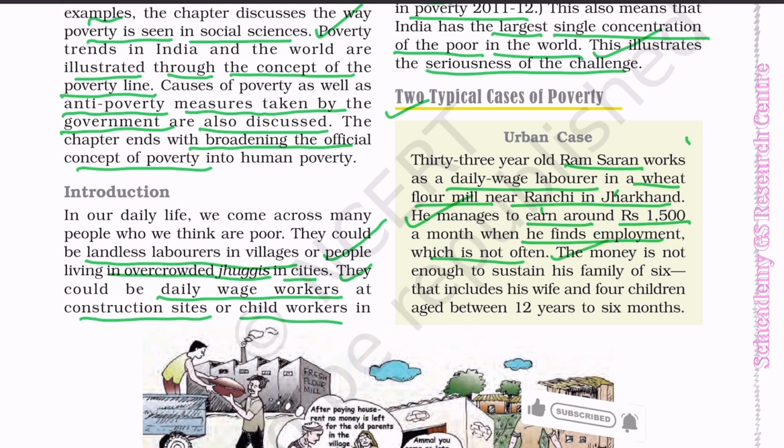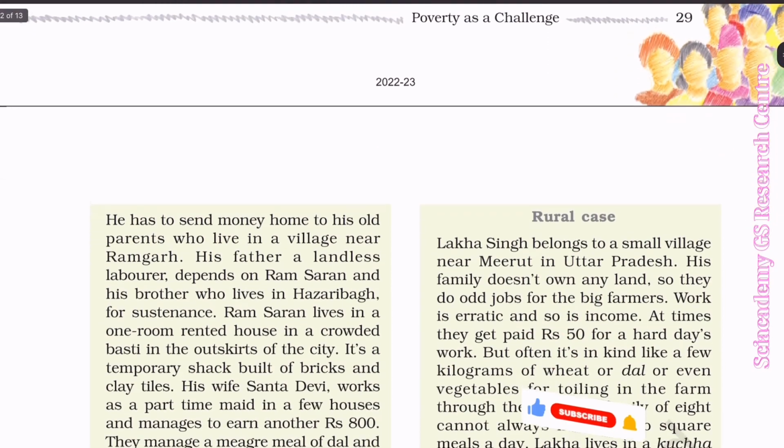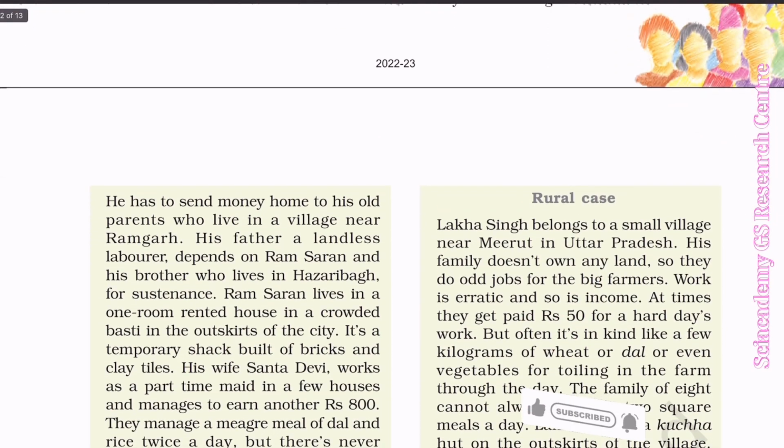The money is not enough to sustain his family of six, that includes his wife and four children, aged between 12 years to 6 months. He has to send money home to his old parents who live in a village near Ramgarh. His father, a landless laborer, depends on Ram Saran and his brother who lives in Hazaribagh for sustenance.